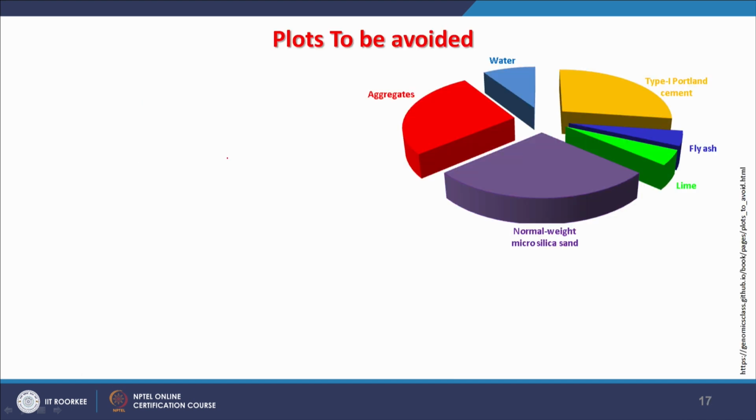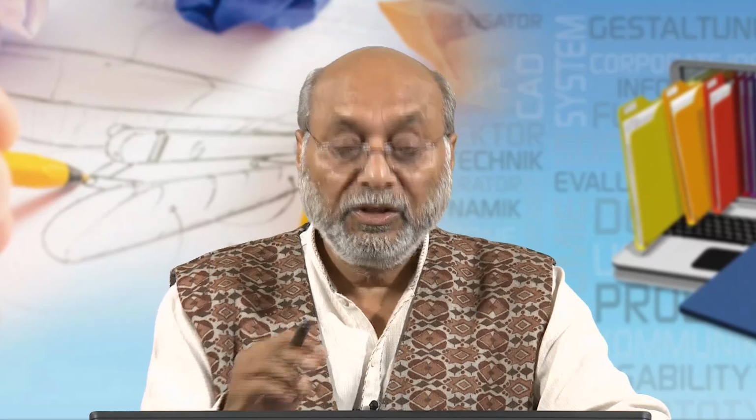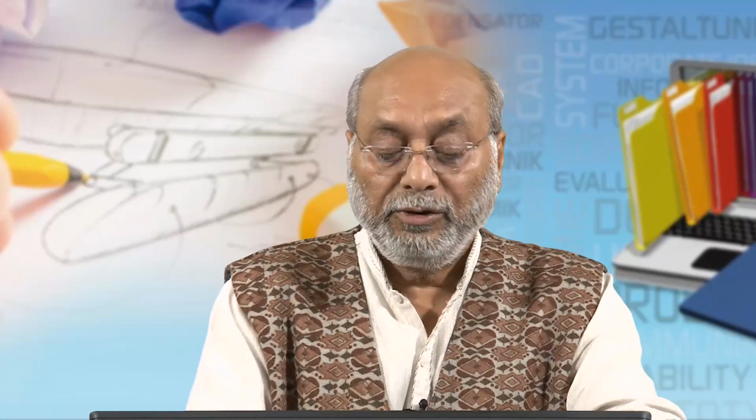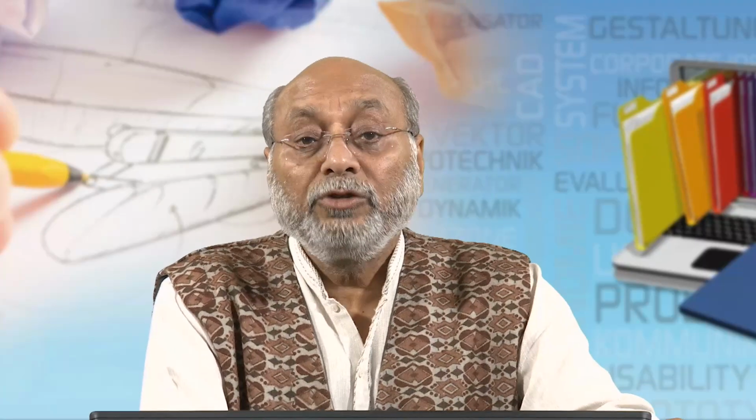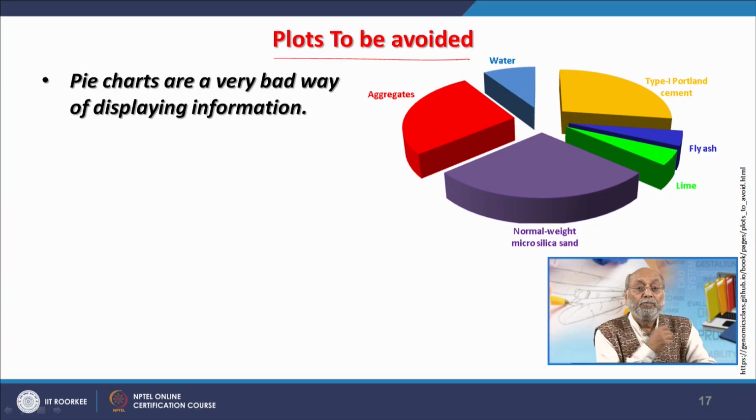Now finally, before I end, I would like to bring something new which I have recently learned. So, I thought that I will also add here the plots to be avoided. This is a very important thing, that pie charts are a very bad way of displaying information.